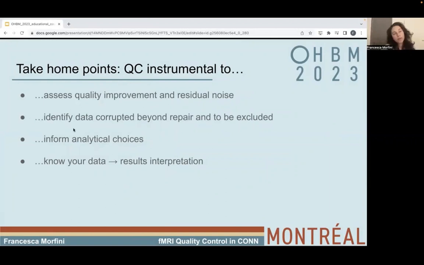Quality control can be thought of as a tool to identify data to be excluded because it was corrupted and was not improved enough analytically. QC could also inform some analytical choices and help drive some of the choices for approaching the data sets. And ultimately, critically, it's useful to know your data, which is important for results interpretation, which obviously is the overall goal of performing analysis throughout.